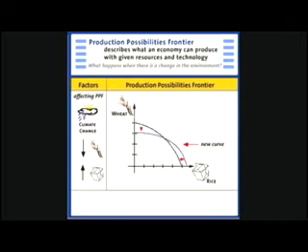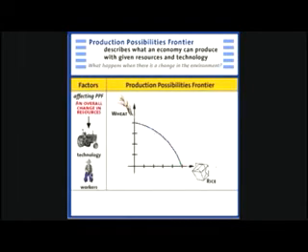One final thing, let's suppose we have a large out-migration of labor, that a lot of people leave this economy to go to work somewhere else. Or suppose an earthquake occurs and wipes out a lot of the capital stock, a lot of the tools and equipment that are used. In that case, the production possibilities frontier would actually shift inwards. There would be a reduction in the productivity of this economy.